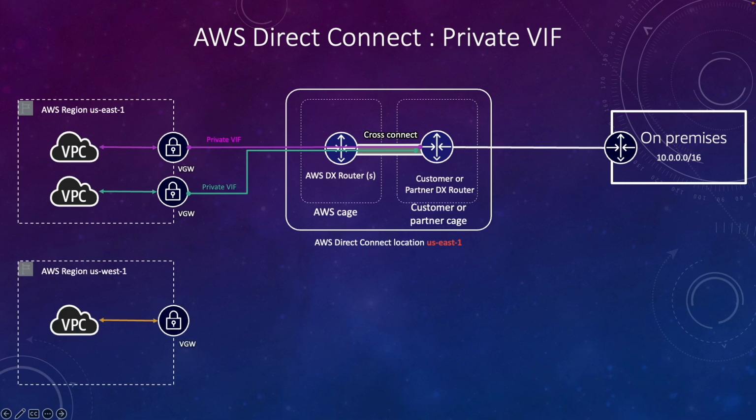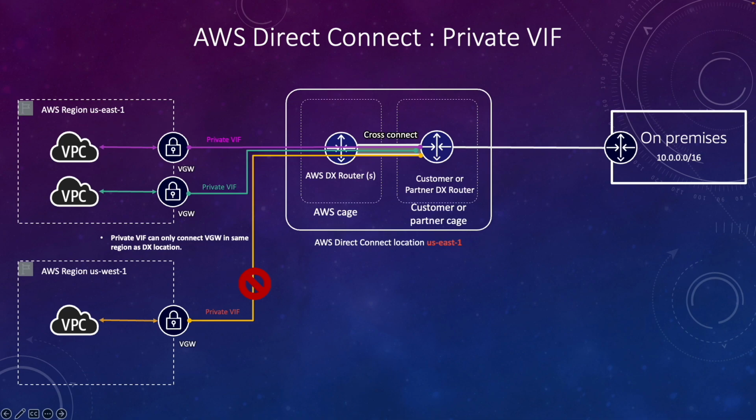Now this looks good when we have our VPC in a single region. But what happens if my VPC is in a different region and my Direct Connect connection is not in the same region? Like in this example, my Direct Connect connection is in the US East 1 region, but my VPC is in the US West 1 region. So can I create a private VIF for that? No, we cannot create a private VIF, because a private VIF can only connect to VGWs in the same region where your Direct Connect location is.